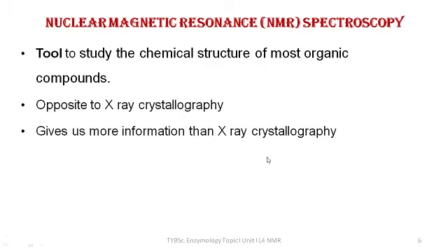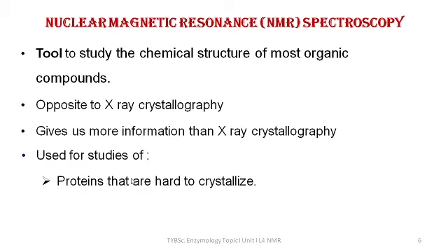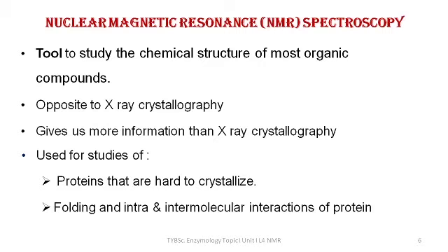It gives us more information than X-ray crystallography regarding the conformation of that particular compound. It is used for the studies of proteins that are hard to crystallize, and so these proteins that are hard to crystallize cannot be studied by X-ray crystallography. These can now be studied by NMR spectroscopy.